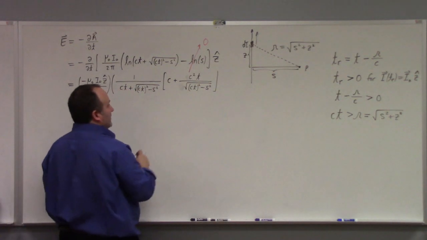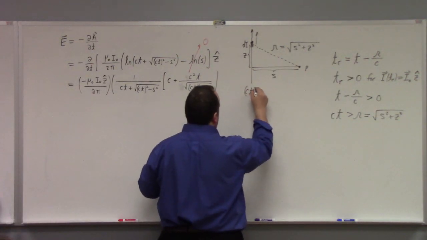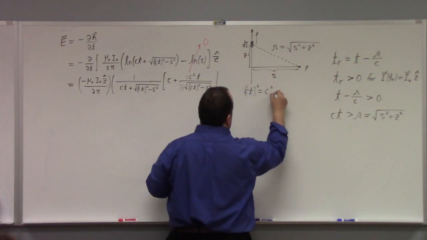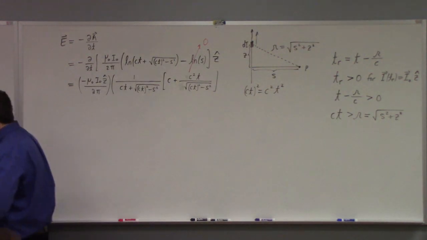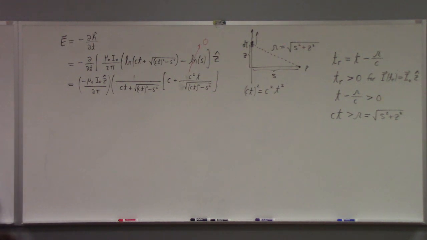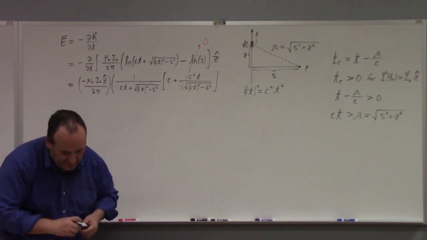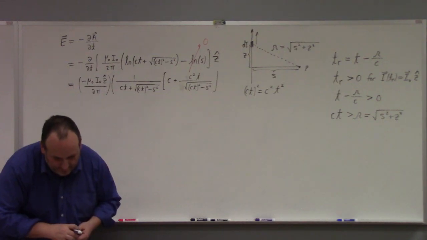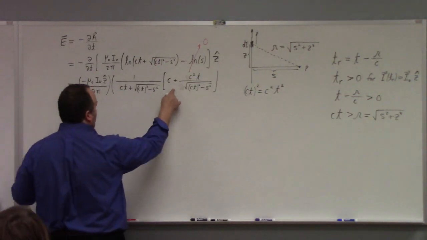Get rid of them. If you're wondering about the c squared, notice that ct squared is c squared t squared. So when I differentiate that with respect to t, you got a c squared. You definitely need that c squared there, right? So then, make a common denominator of this brackety thing here.